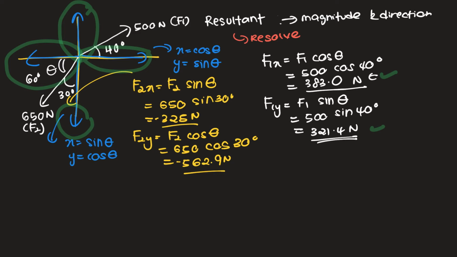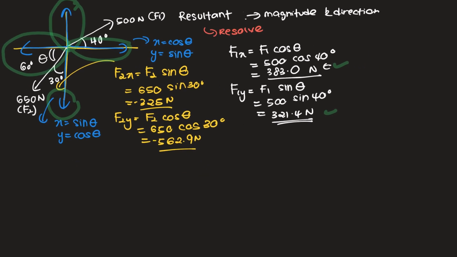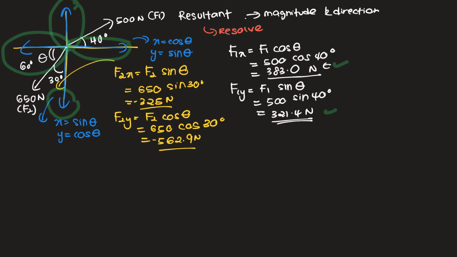So for the resultant in x, you only take the x components, which are this one and this one. The original formula is all plus, but if you have a negative there, please put that negative.